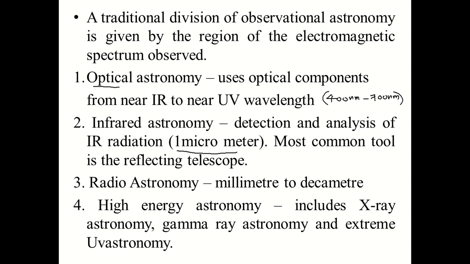The most common tool is the reflecting telescope, but with a detector sensitive to infrared wavelength. So a reflecting telescope with a detector sensitive to infrared wavelength is used for observation in infrared astronomy. Another is radio astronomy.